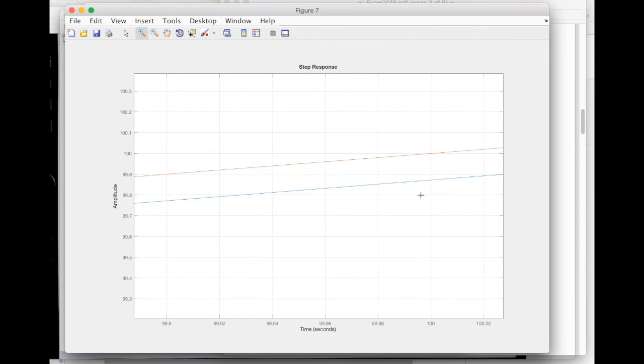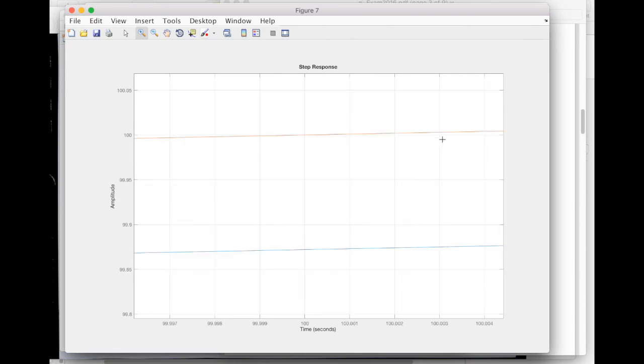So the red line is the reference, and the blue line is the system response, okay? And the red line at 100, the reference of a unit ramp with unit slope, passes through exactly 100, whereas we've predicted that this should be 0.128 below.